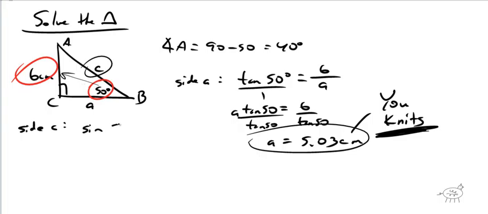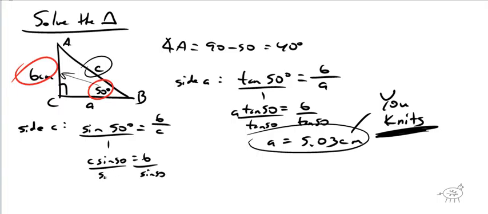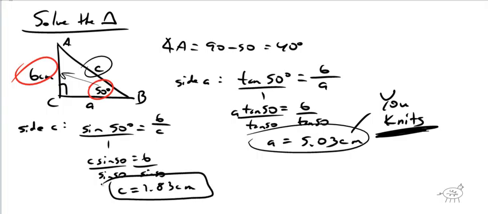So sine of 50 degrees equals 6 over C, opposite over hypotenuse. You cross multiply and you get C equals 6 divided by sine of 50. So C comes out to be 7.83, and again, don't forget your units. Not bad. It's really pretty easy.